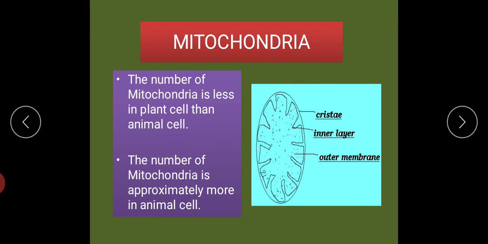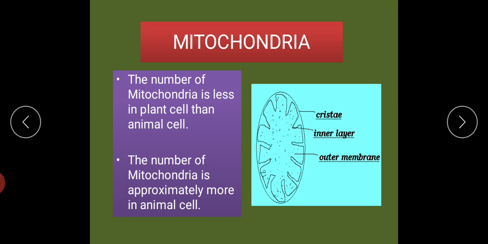Then comes mitochondria. Although mitochondria are present in both plant and animal cells, the number of mitochondria in plant cells is less, whereas the number of mitochondria is approximately more in animal cells.